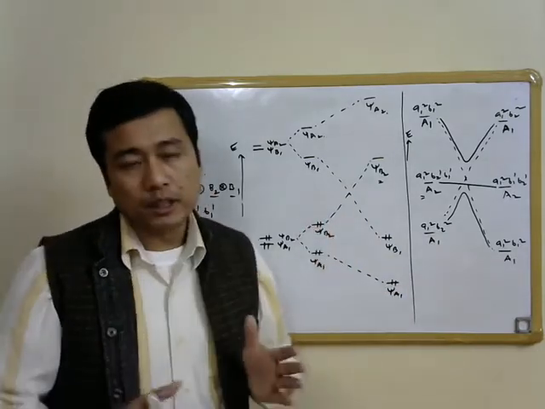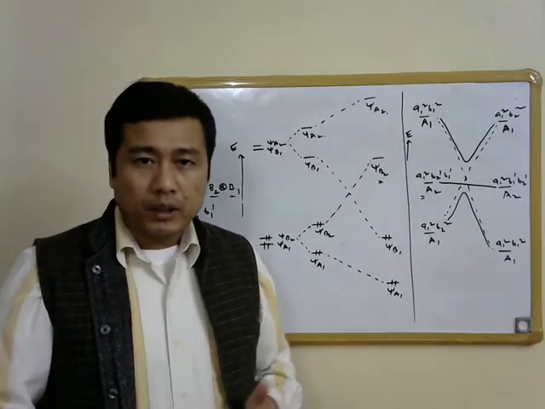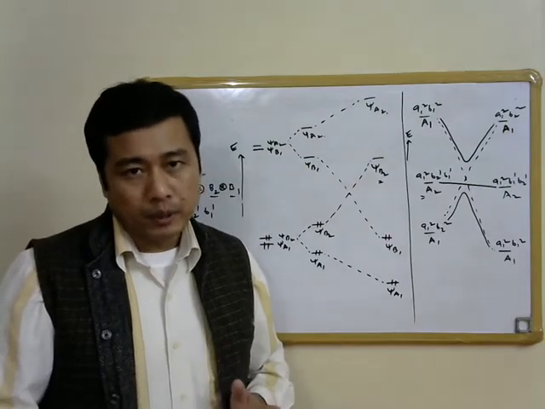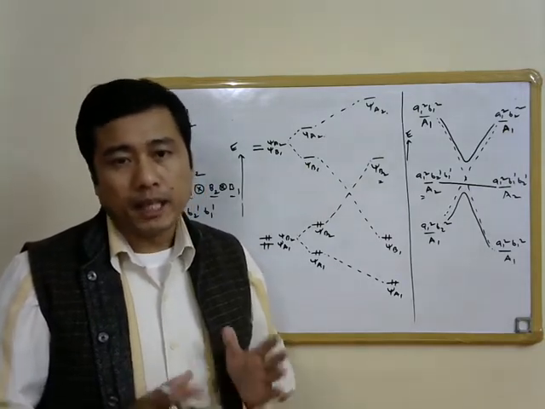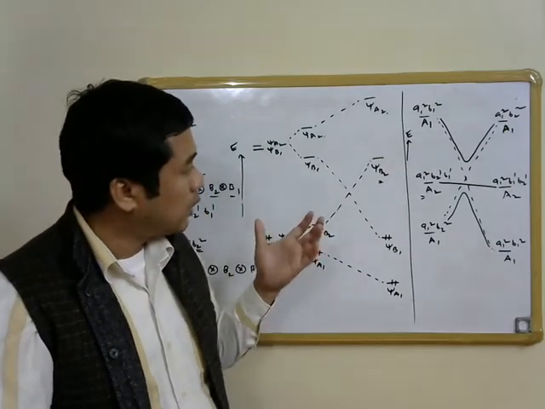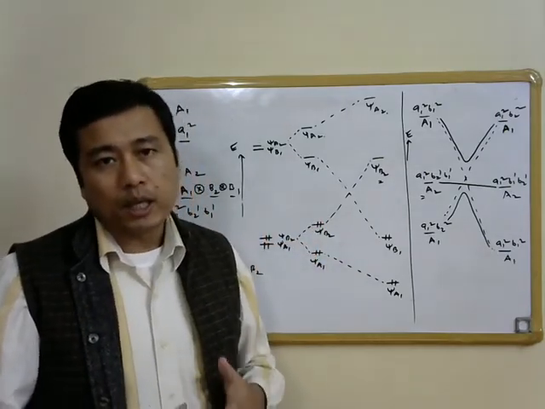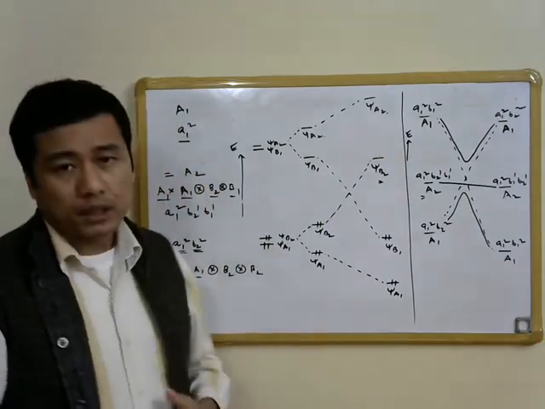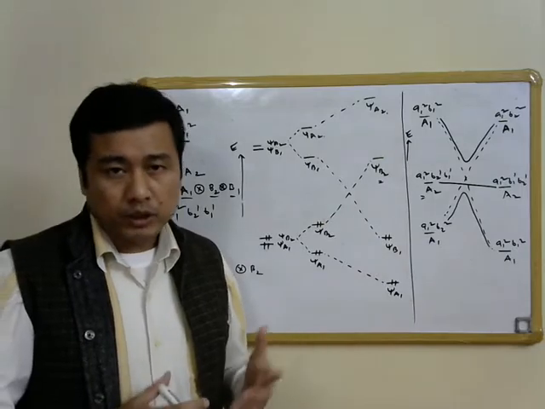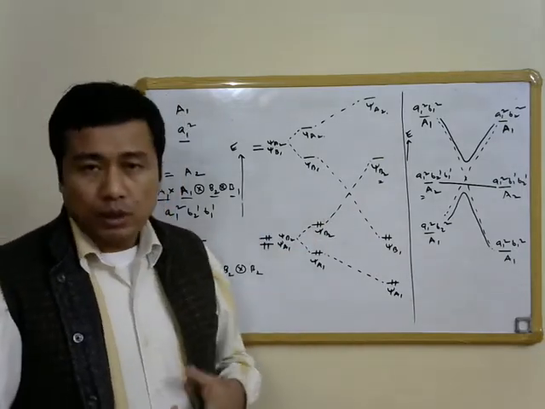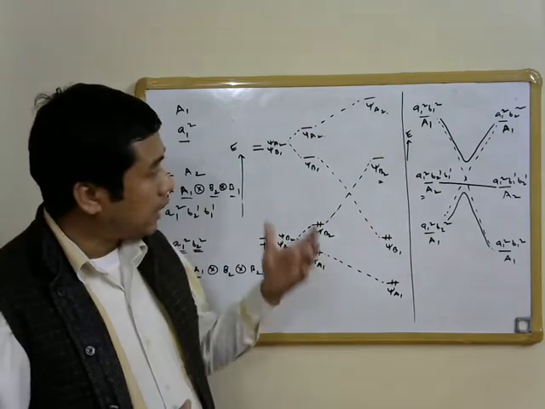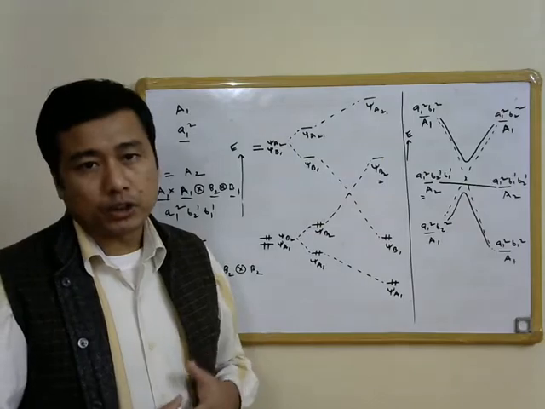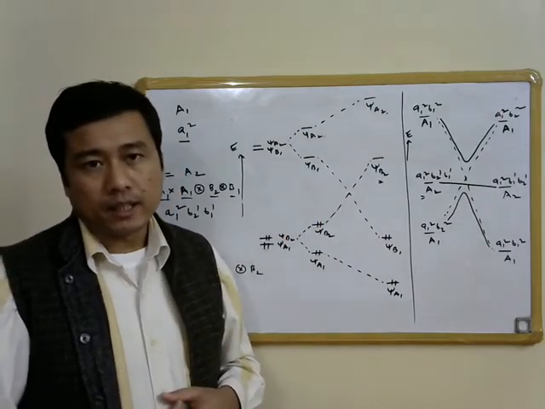This is the reason why the dimerization reaction of ethylene is thermally forbidden, but photochemically allowed. So this electronic state correlation diagram complements the information that we gathered from the orbital correlation diagram, and enhances our understanding of this symmetry selection rule in this pericyclic reaction.